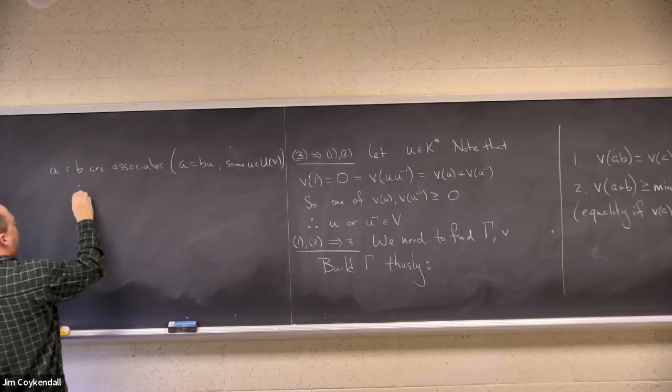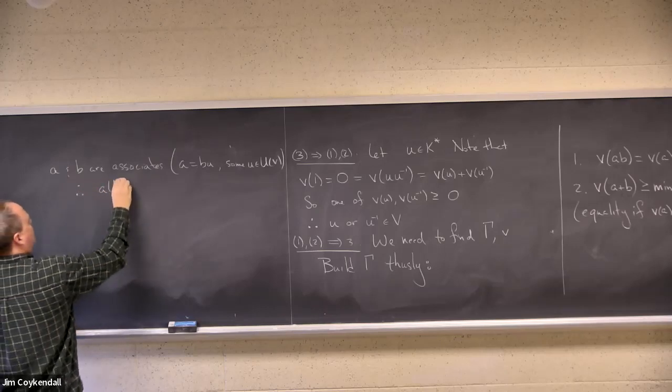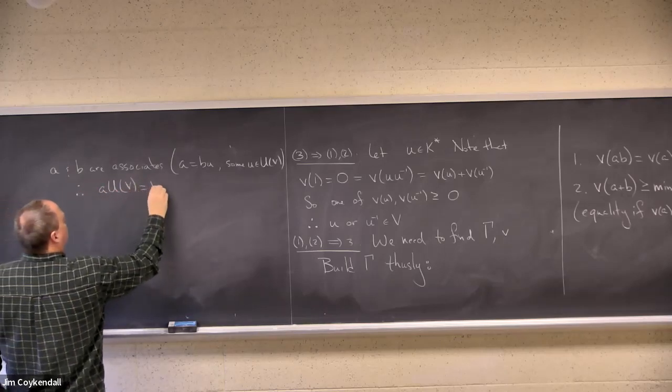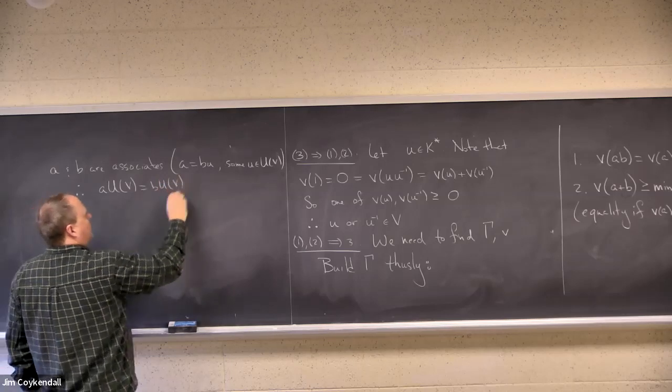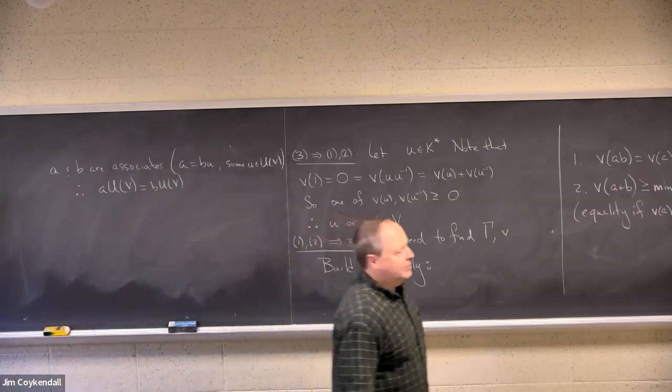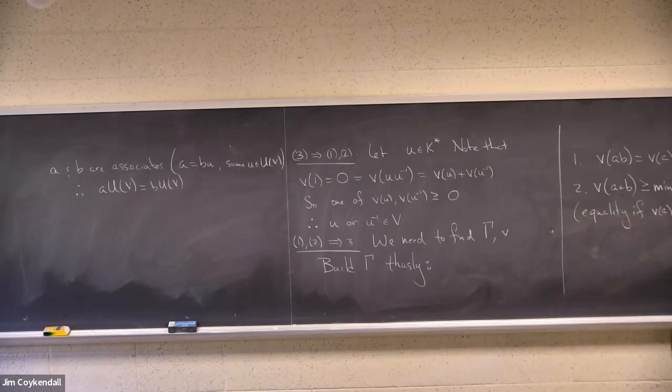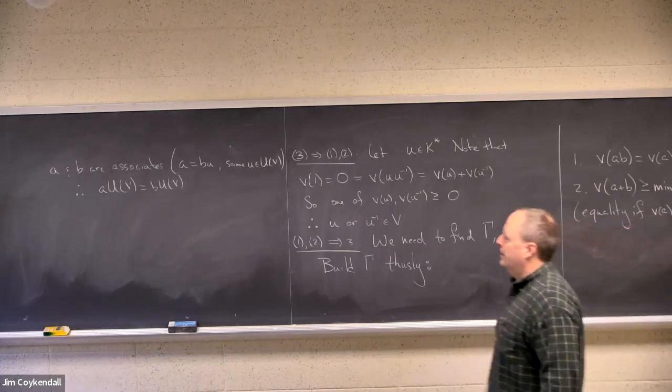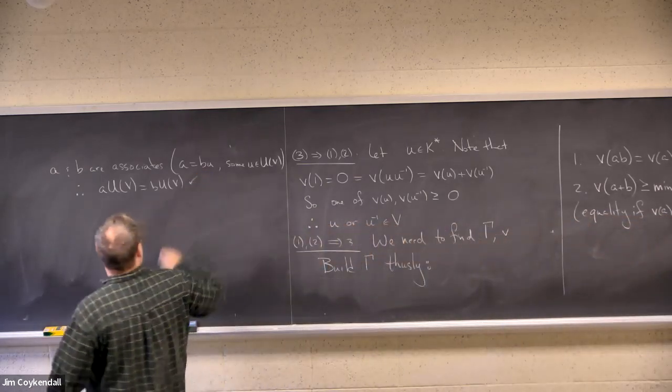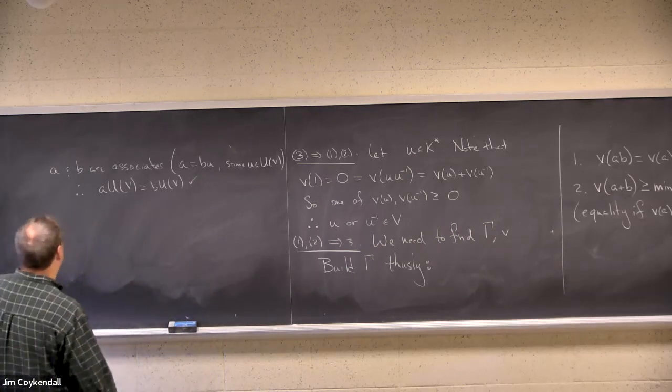Therefore, A and B. So I've got anti-symmetry, which I need for a partial order. And finally, I need transitivity.